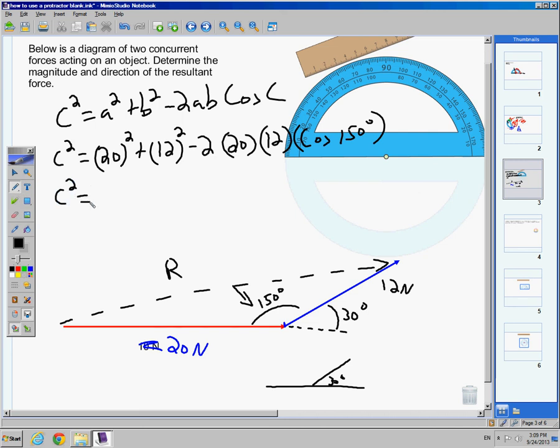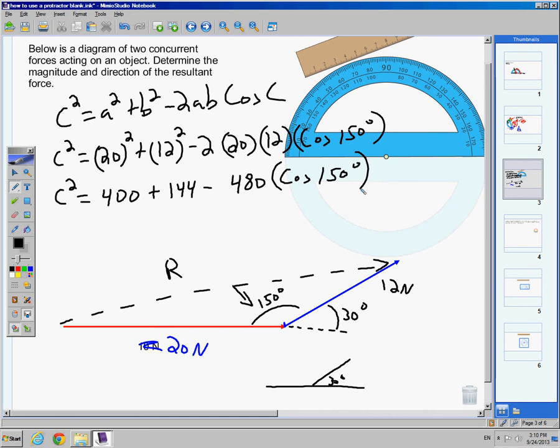C squared equals 20 squared, which is going to be 400, plus 12 squared, which is going to be 144, minus, we have 2 times 20, which is 40. 40 times 12 is going to be 480, cosine 150 degrees.